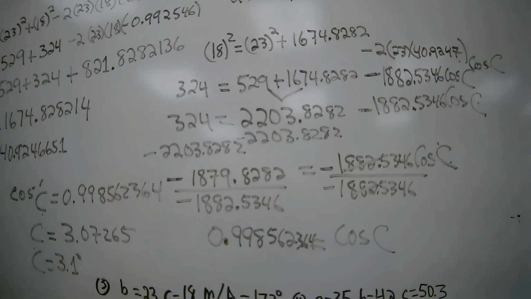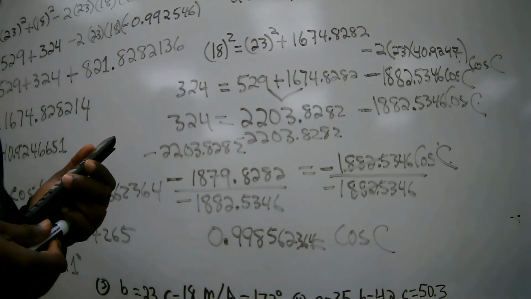Then angle B will be very easy to find. We're going to add 173 and 3.1, then subtract this from 180. Angle B is 3.9, as we predicted. Those two angles will add up to 7 degrees. Then we're done with this problem.